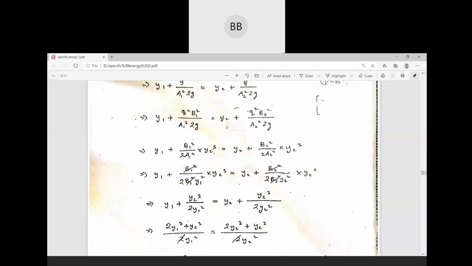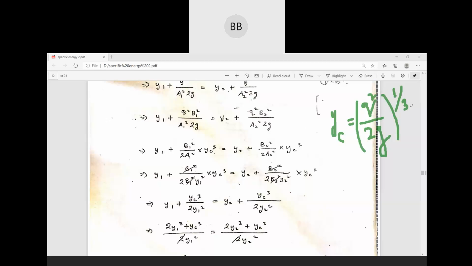After that, we all know for a rectangular channel, we have already derived this expression that yc is equal to q square by twice g to the power 1 by 3.